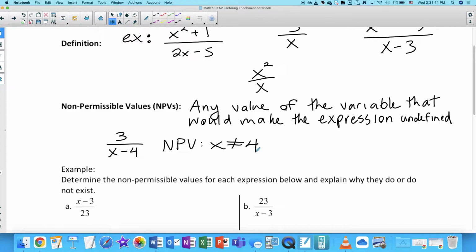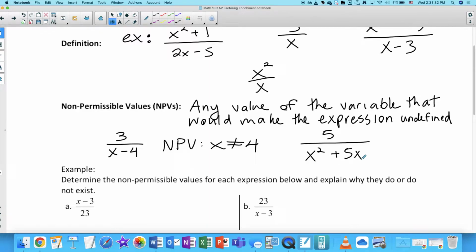Okay? Now let's say I had something like this. 5 over x squared plus 5x. And I want to know what value of x would make that denominator 0. Okay? Yes? 1.